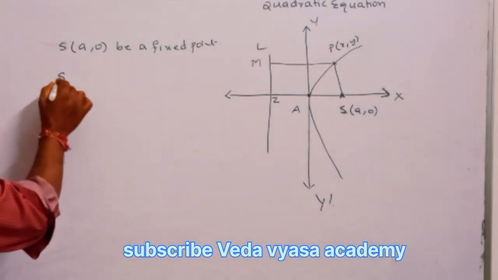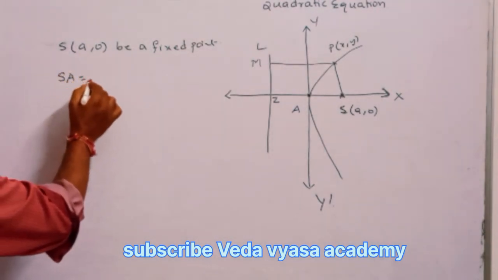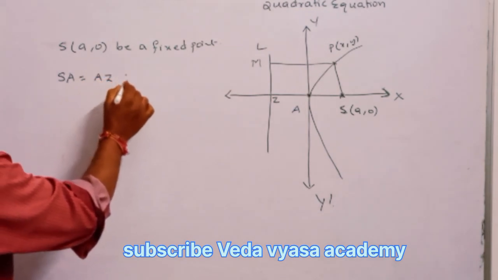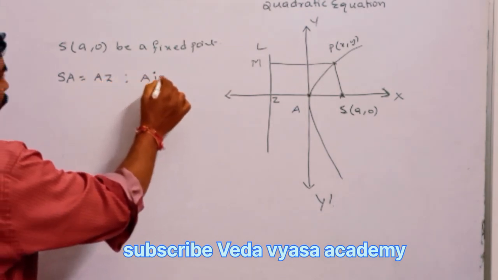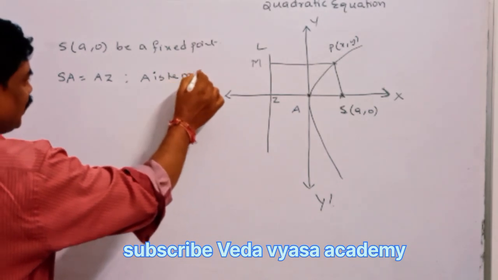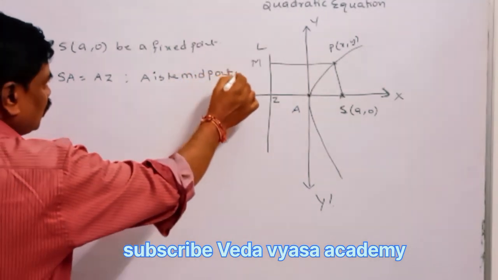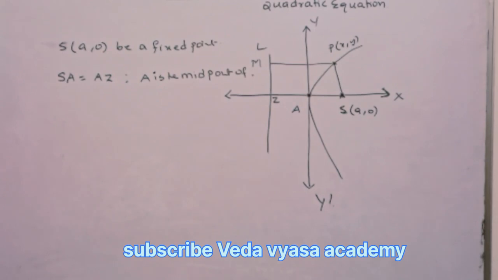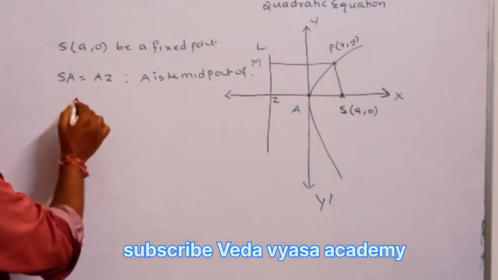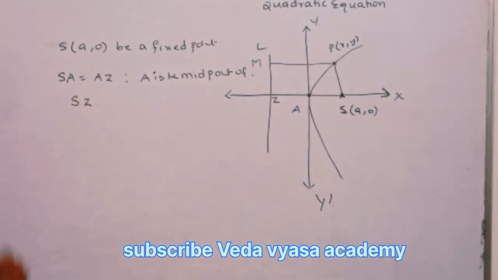Here SA is equal to AZ, so A is the midpoint of SZ.